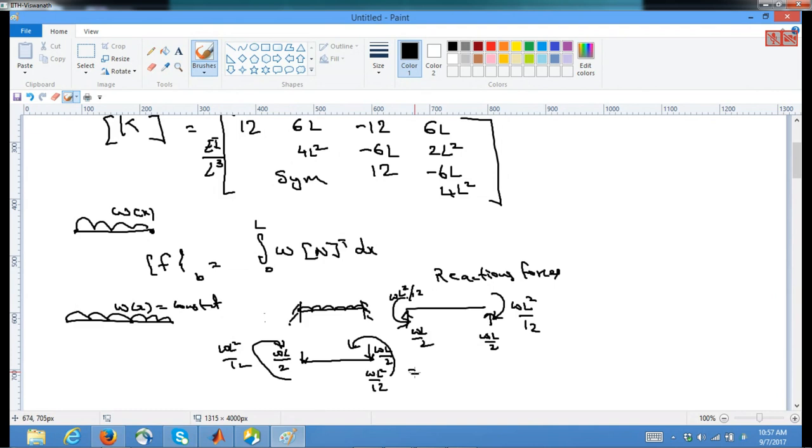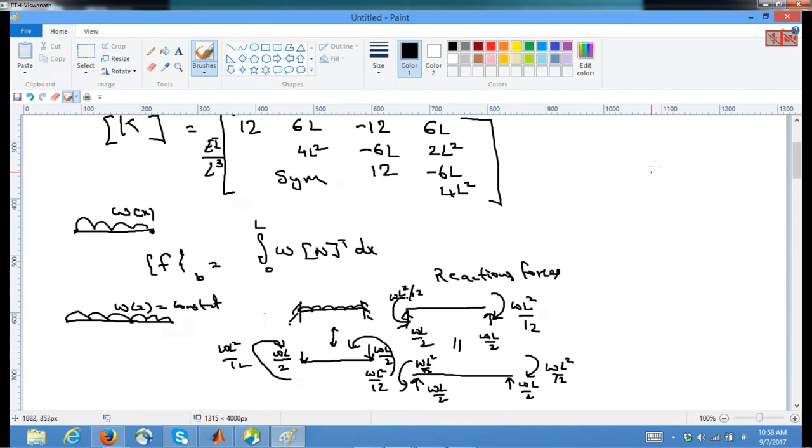Since these two have the same reaction forces, we say that instead of this we would use this as a consistent loading.